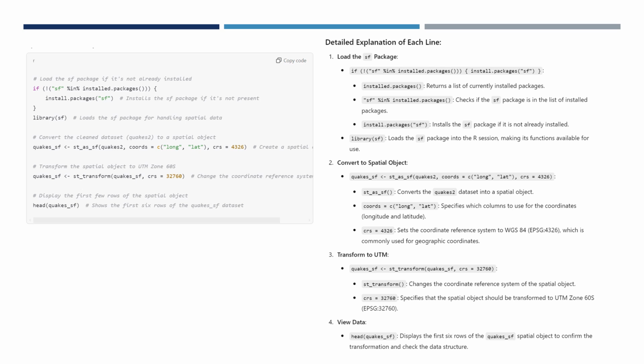The ST transform changes it to a spatial object, just like we did, but it changes it to the one that we want. And then of course we did the head function to display the first couple rows.